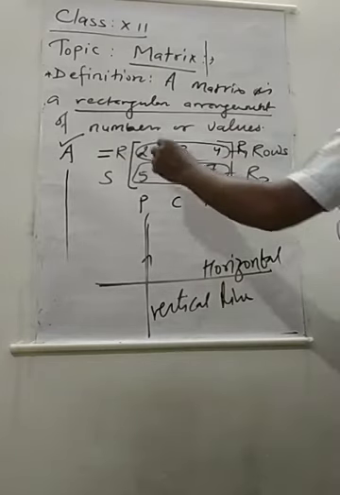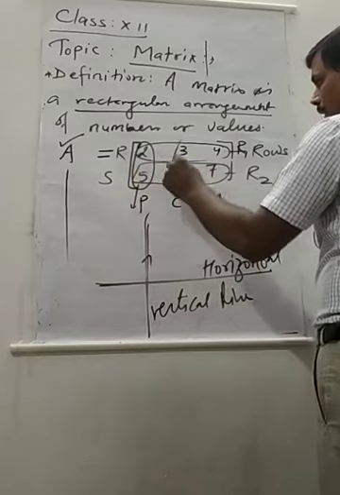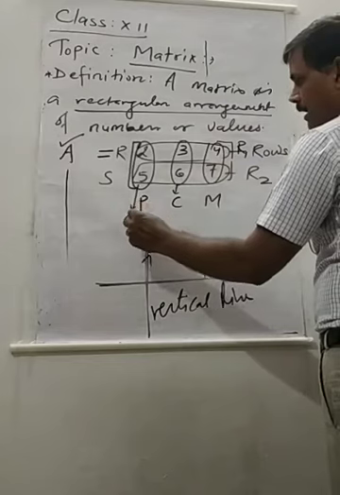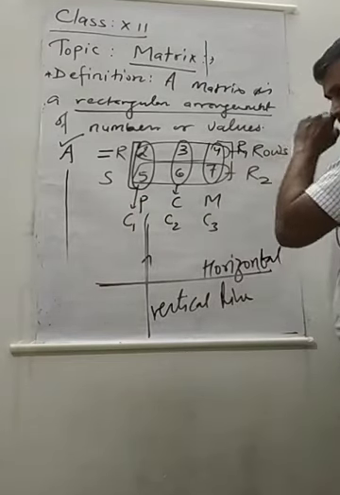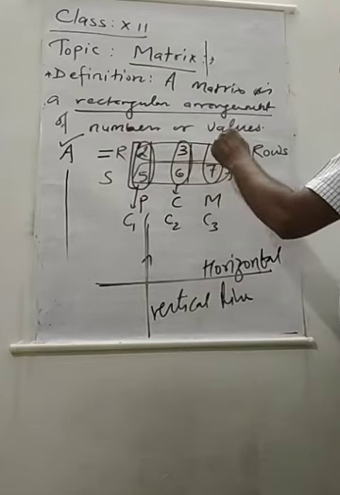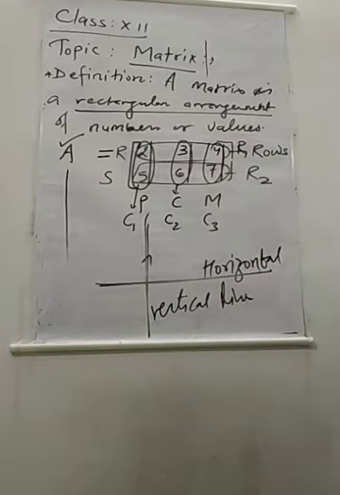At the same time, the vertical informations, this one as well as this one as well as this one also, are called columns C1, C2 and C3. So once again, vertical informations are columns, whereas horizontal informations are the rows.